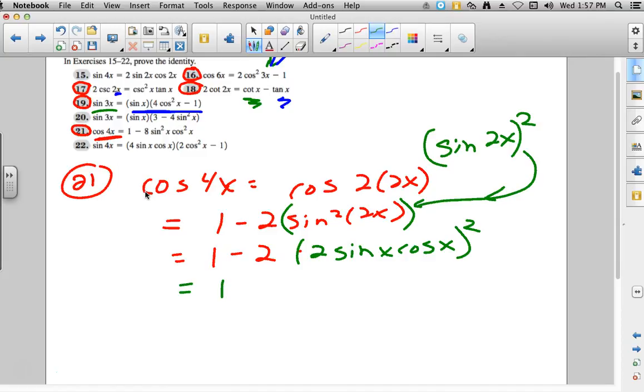So this would be 1 minus 2 times 2 squared, which is 4, sine squared x cosine squared x. And we can certainly distribute that power of 2 because there is no addition or subtraction inside those parentheses. It's pure multiplication. And then we'll distribute the 2.